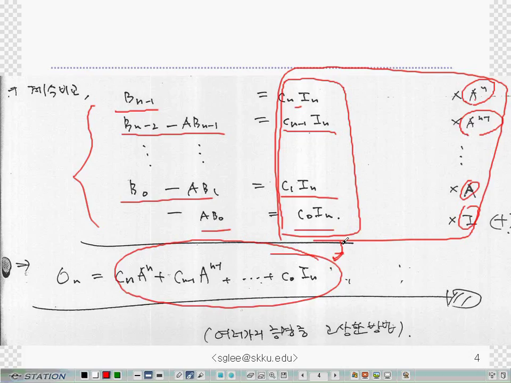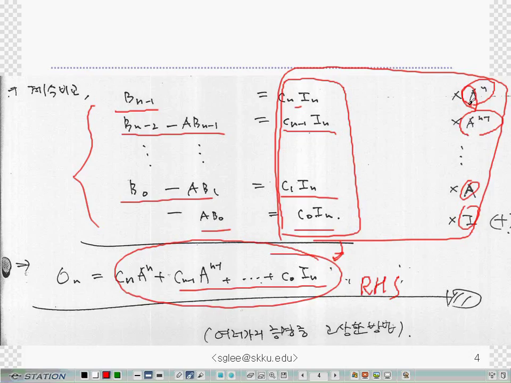We're going to have a characteristic polynomial with the matrix A here. Okay, but let's see. So this is going to be our right-hand side of the original one.